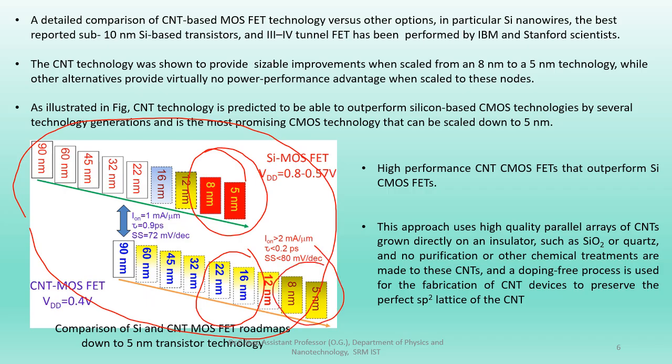It has been possible, heavily improved. CNT CMOS FETs are predicted to outperform silicon by multiple technology generations, and fabrication methods using aligned CNT arrays on silica or quartz enable high performance devices without chemical purification.